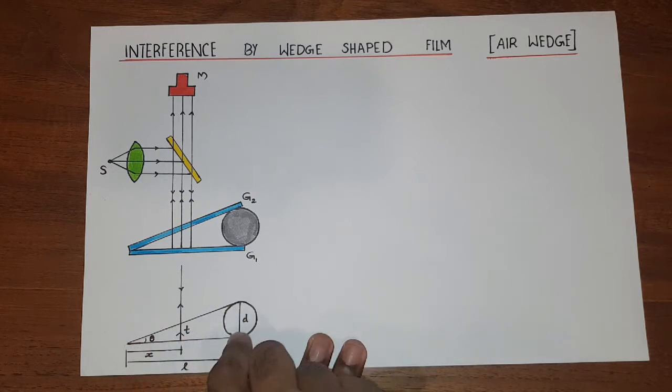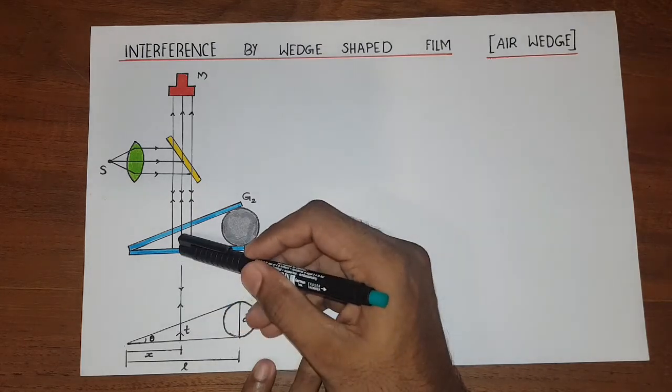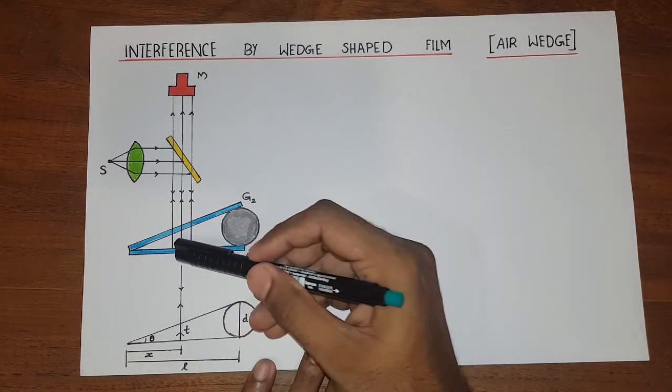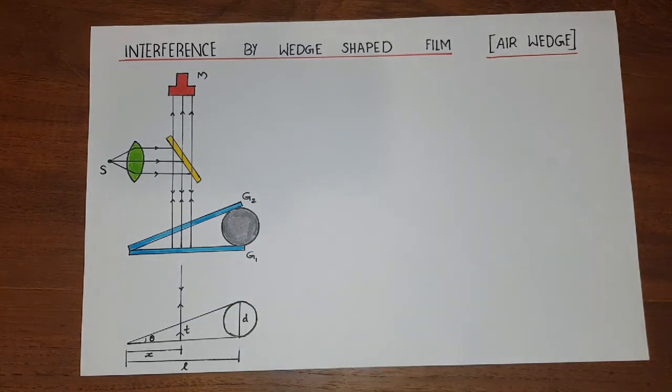If you consider this air wedge, one of the rays will be reflected from the top part of the air wedge and one of the rays will be reflected from the bottom part of the air wedge, and these two rays are going to interfere. So in order to understand how they interfere, what should we know?